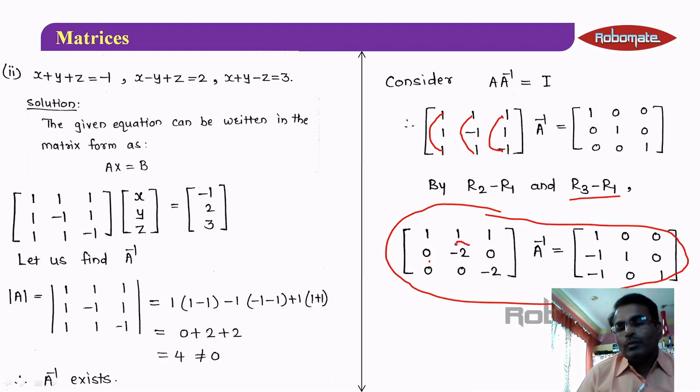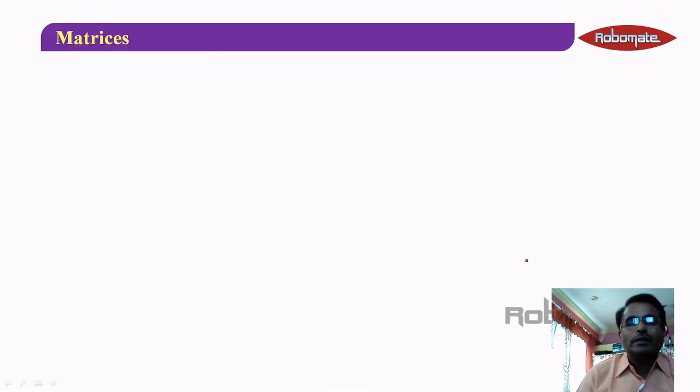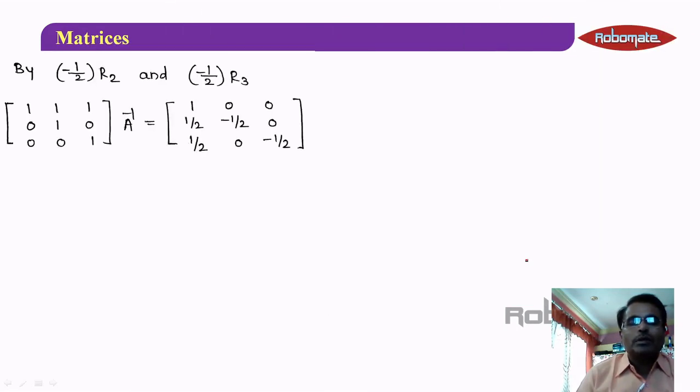Our next job is to make this one, and to make this one you can divide by minus 2. So we consider minus 1 by 2 times R2 and minus 1 by 2 times R3. Both can be done simultaneously because they are independent, and therefore you have got 1 here and 1 here also.